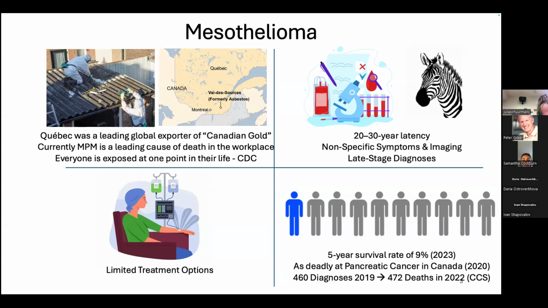It makes for a highly deadly cancer with a 5-year survival rate of about 9% as of this year. This has improved in the last few years; I would say 2 years ago, the 5-year survival rate was still around 5%. It is currently as deadly as pancreatic cancer in Canada. In 2019, we saw about 460 diagnoses, and in 2022, we saw 472 deaths.